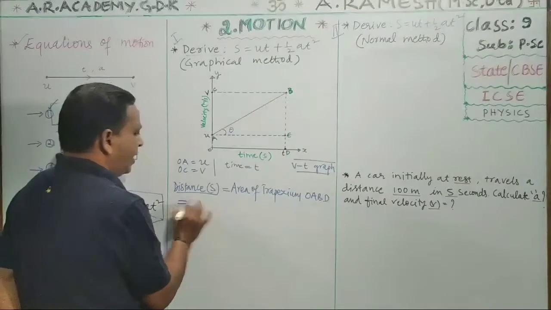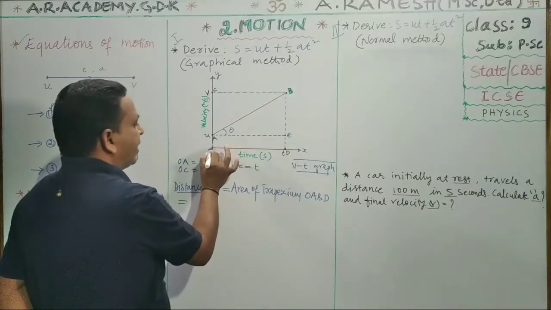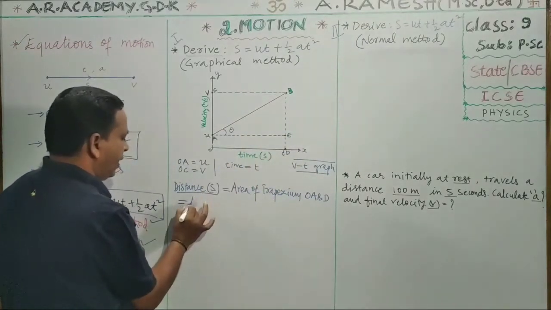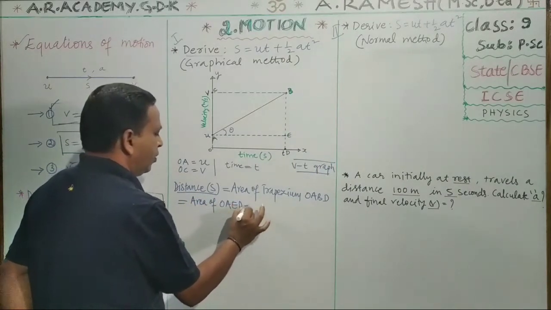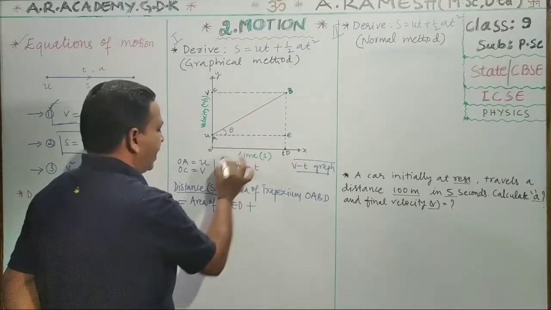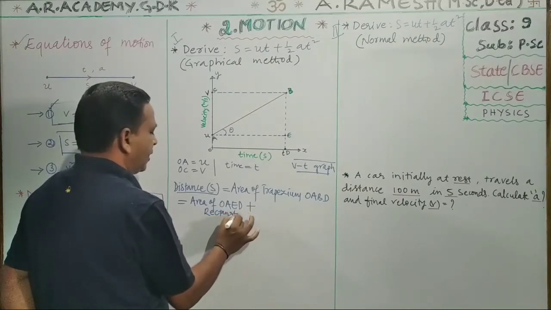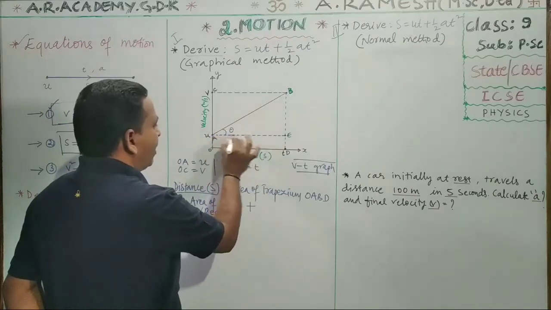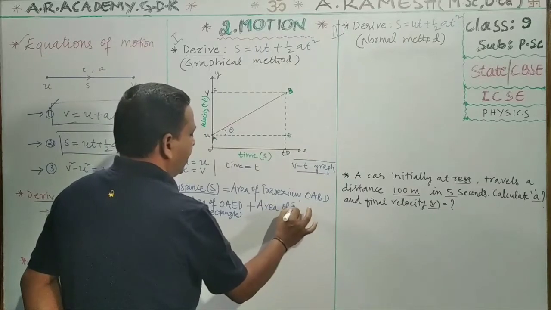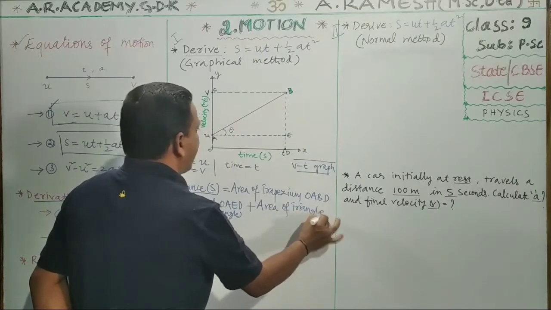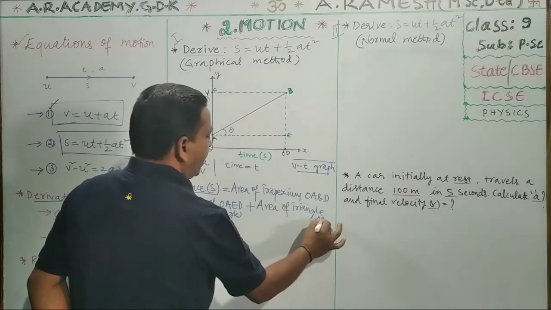Remember, the area of the trapezium is the combination of the area of rectangle OAED, this is the rectangle, plus the area of a triangle. What is the triangle here? Triangle AEB.